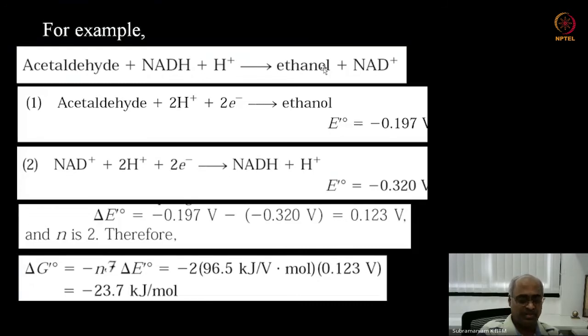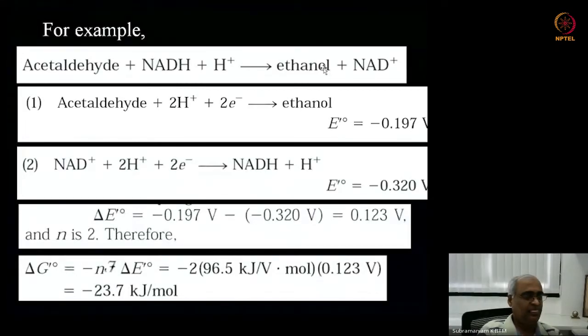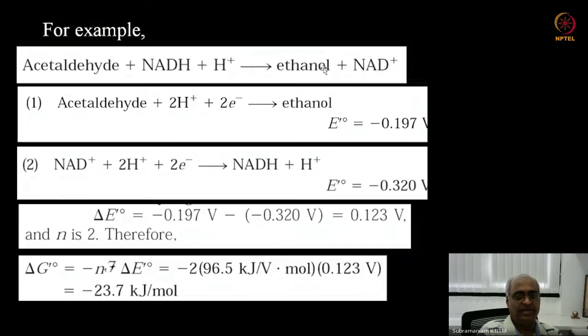If you remember the competitive inhibition in enzymes, we were talking about alcohol dehydrogenase oxidizing methanol to formaldehyde, the formaldehyde being toxic, and we used ethanol as a competitor with the methanol in that example. It is the same reaction we are looking at here. So it is a dehydrogenation.